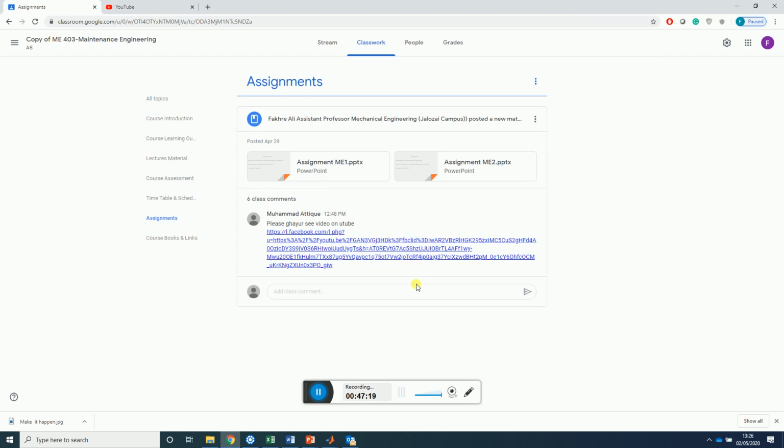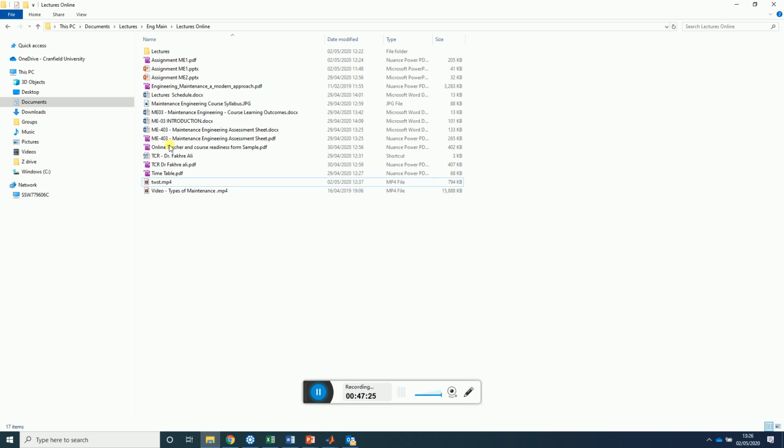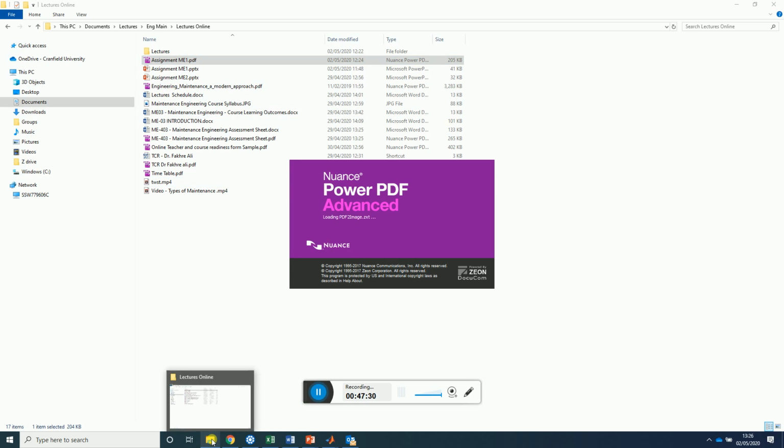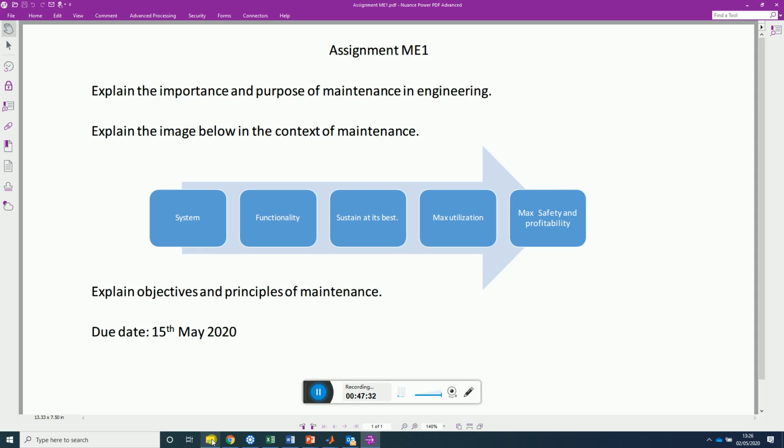There is an assignment which is due on 15th of May, and it's to explain the importance and purpose of maintenance engineering in general, keeping in mind you're an engineer, you design systems, and why would we want to do this?